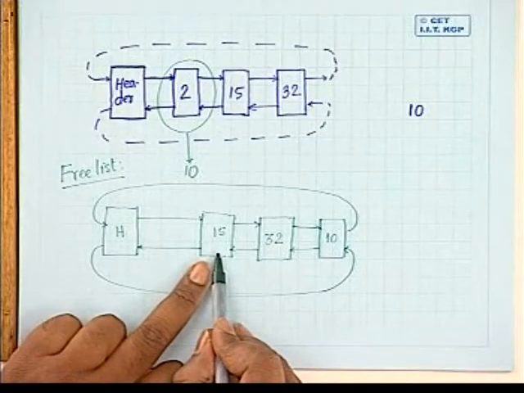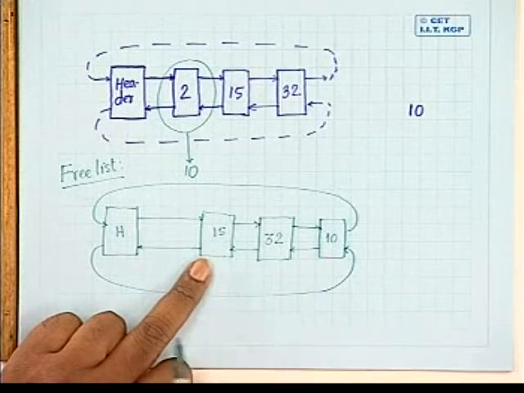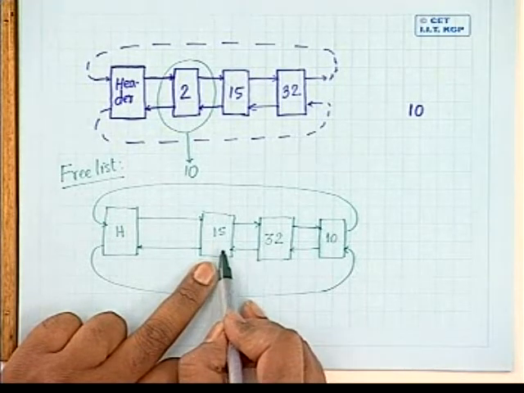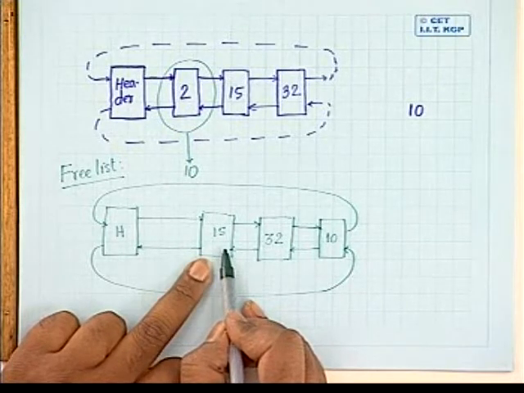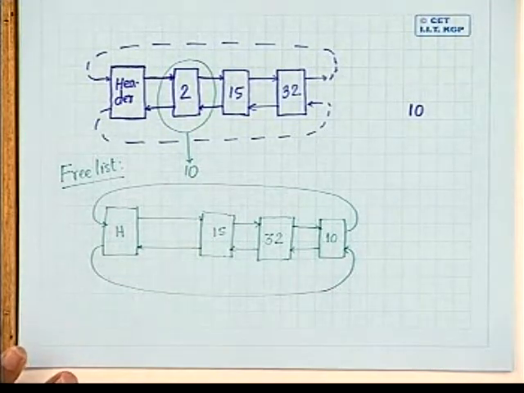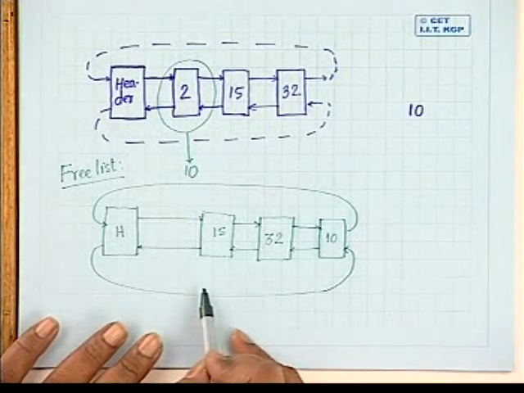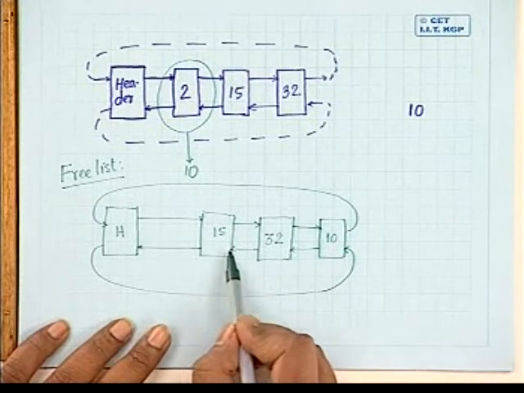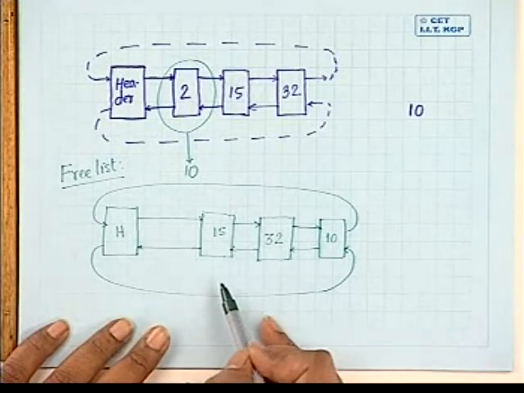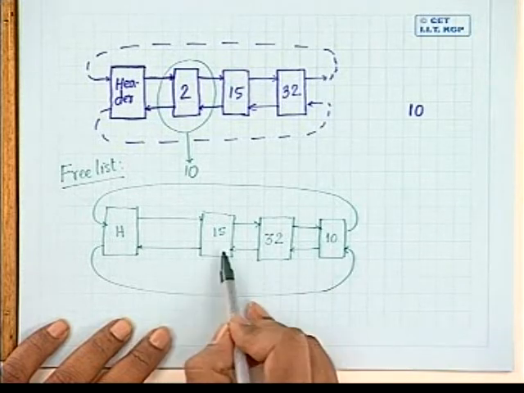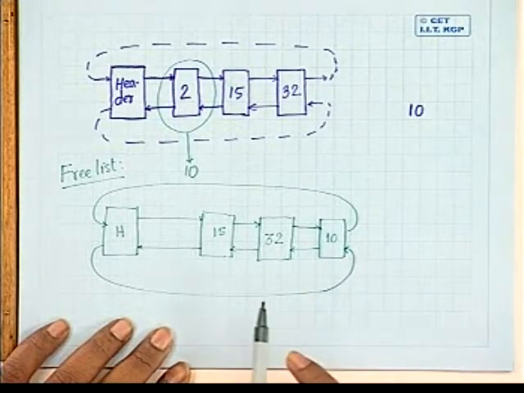Okay. So if I maintain this policy, you find that next time, if this is the buffer which is used, it may not be overwritten, but it is used. The moment it is used, it becomes most recently used. And when it is used, I will take it out of the free list. When work on this buffer is complete, I will return it to the free list, but maybe this time it contains the same data block 15. But I will return it at the tail of the free list. That means the most recently used buffer always remains at the tail of the free list.